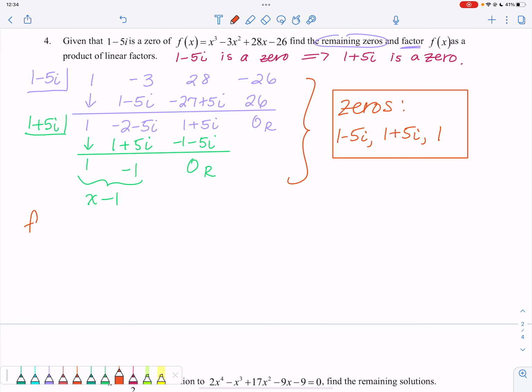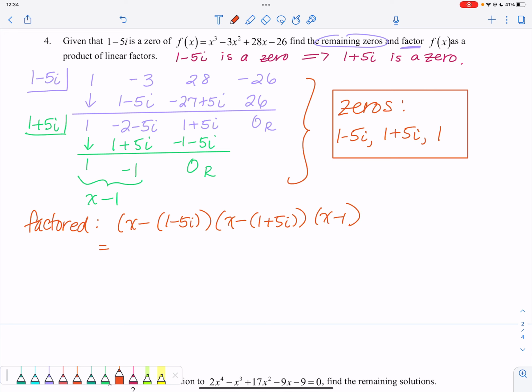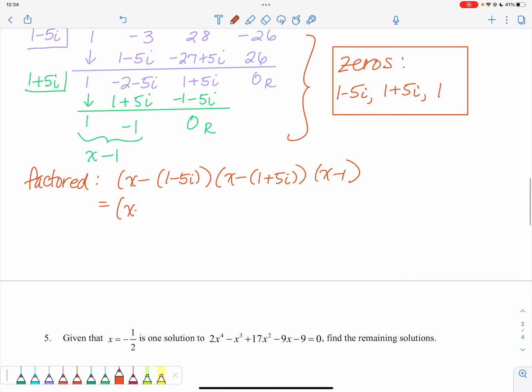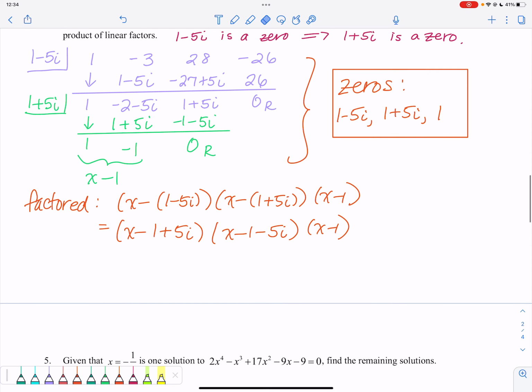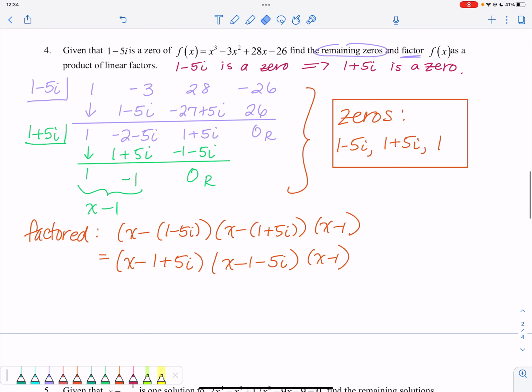So now our factored form is x minus 1 minus 5i, x minus 1 plus 5i, and x minus 1. If we multiply that out, we'll get x minus 1 plus 5i, x minus 1 minus 5i multiplied by x minus 1. So this is our factored polynomial.